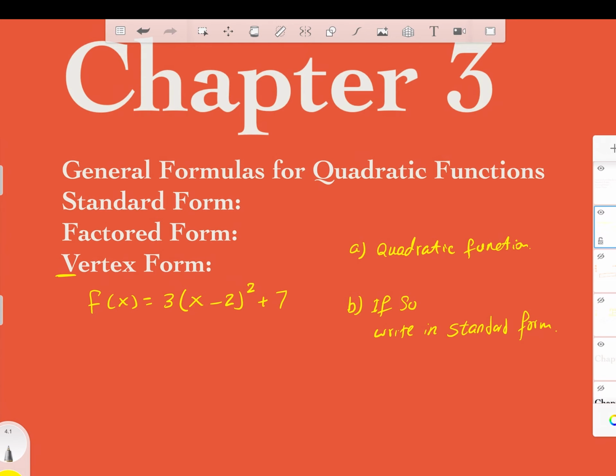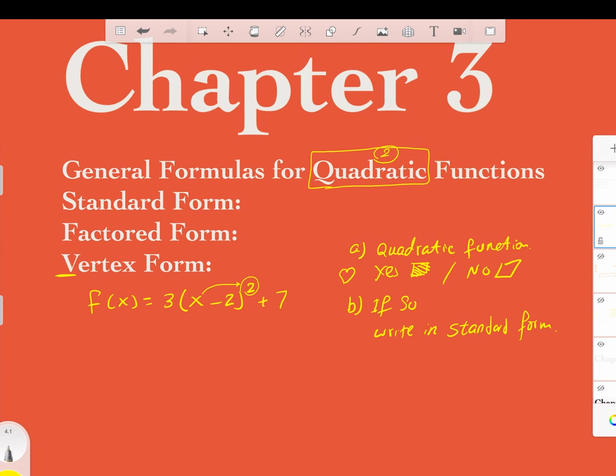So how do we know if it is quadratic? Is that yes or no? For a quadratic, the highest exponent should be 2. And here we have 2. That means if you simplify this, we're going to have x squared. So the answer is yes, it's quadratic.